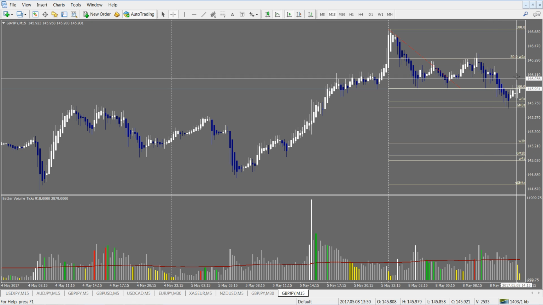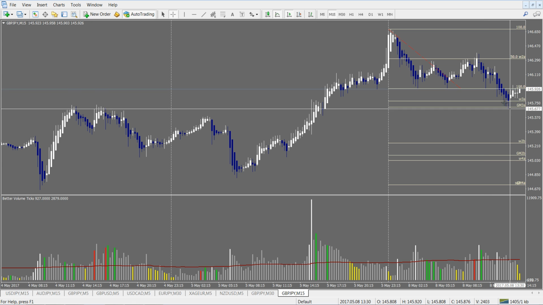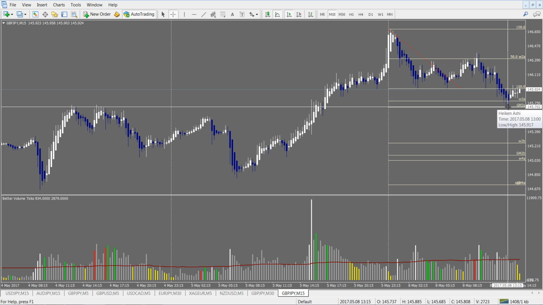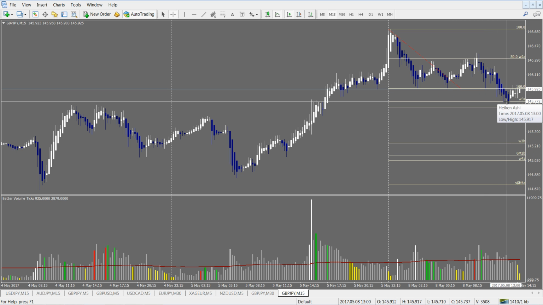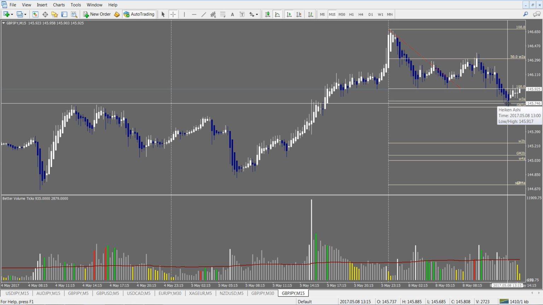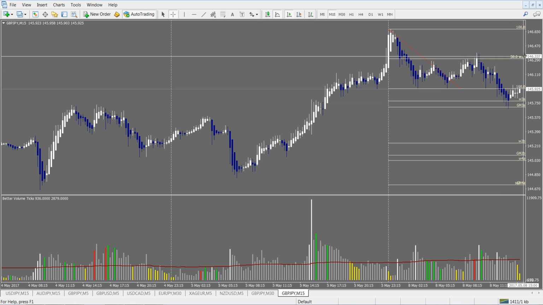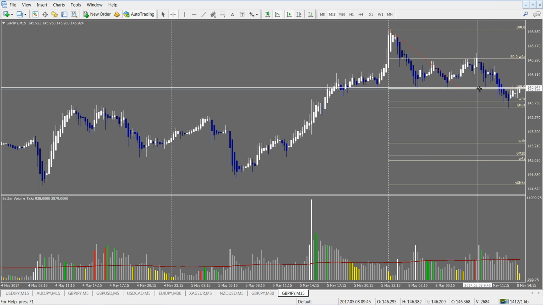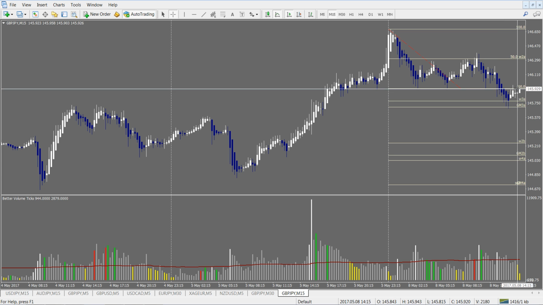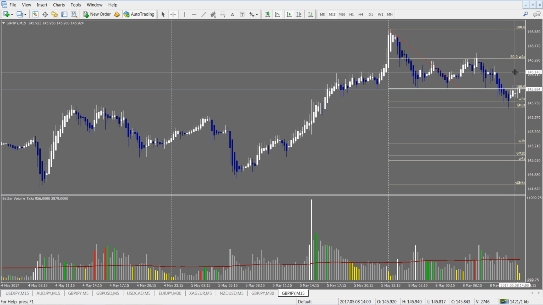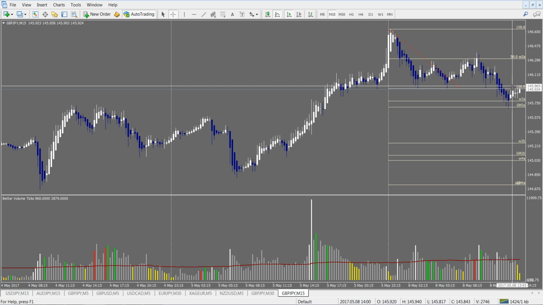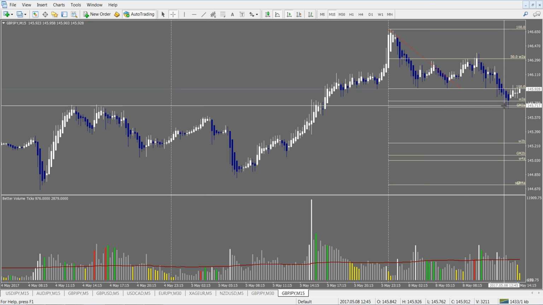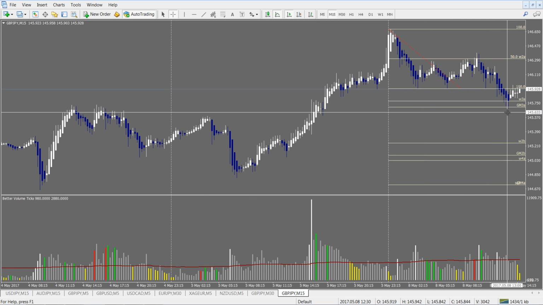I can't predict that, this might be the manipulation cycle. And if it is, I'll be looking to long, but there'd have to be an obvious stop run down below here, because this is not an obvious stop run.